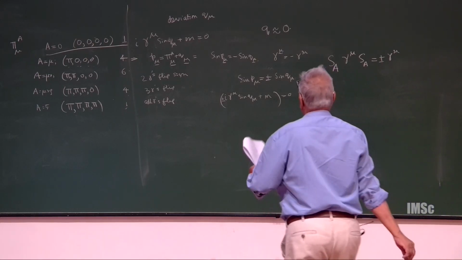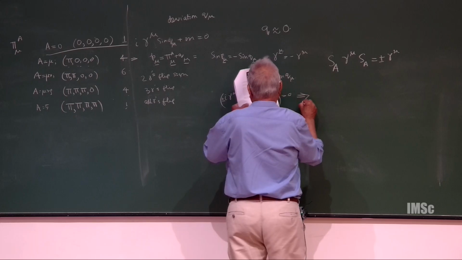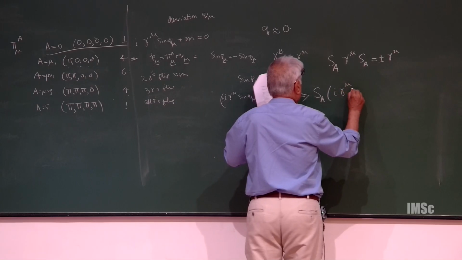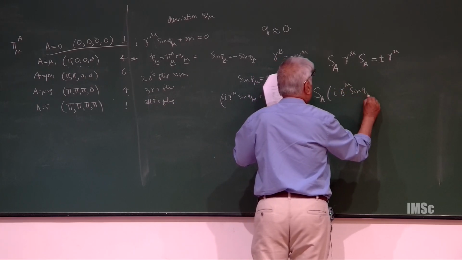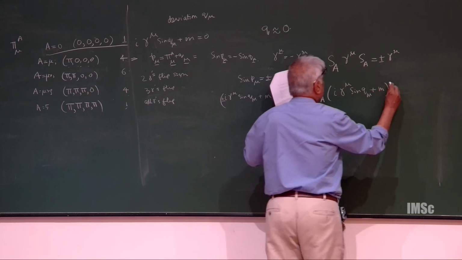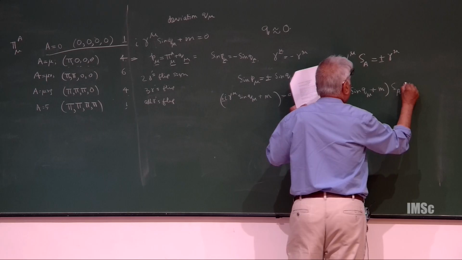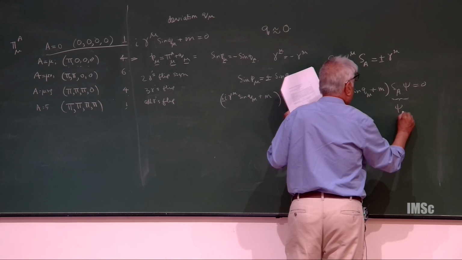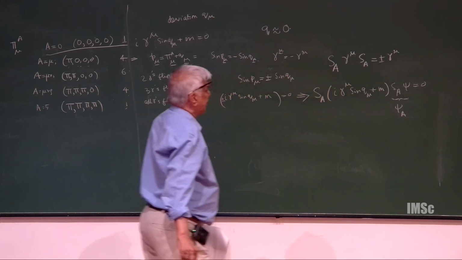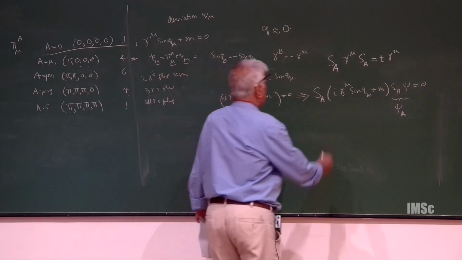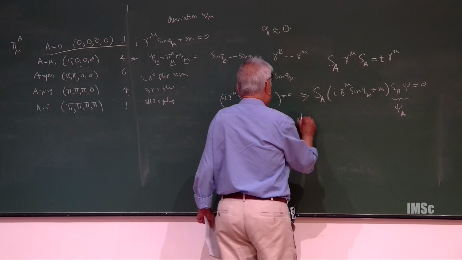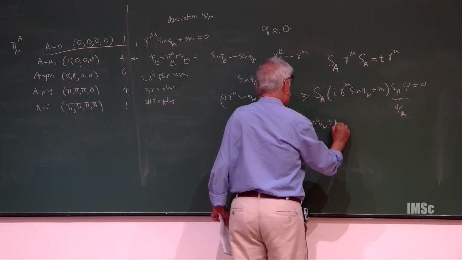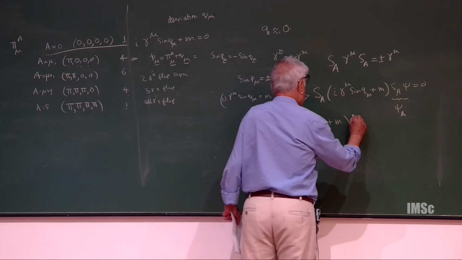If you do this, then the Dirac equation becomes S_A (i γ^μ sin Q_μ + m) S_A ψ = 0, and you can call this transformed field the Dirac field ψ_A, and you get the standard Dirac equation for ψ_A.